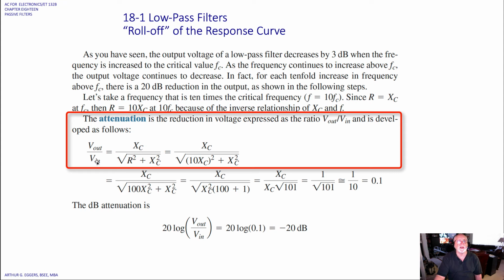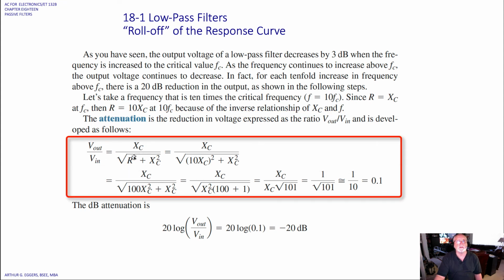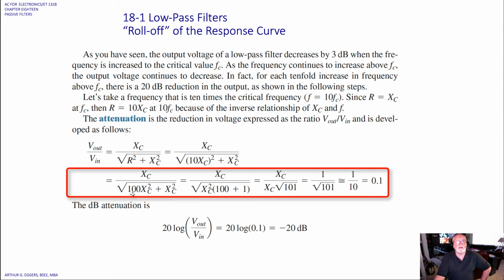So V out over Vn, we set that equal to X sub C over the phasor sum. We get X sub C over the square root of (10 times X sub C) squared plus X sub C squared, in this example where we're trying to show that we have a 20 dB reduction. Factoring X sub C out, we get 100 plus 1 under the square root.